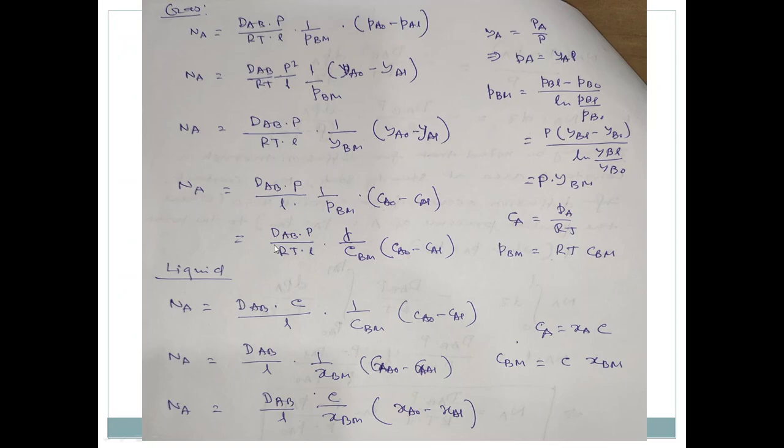Because if you see, I have already expressed this in terms of concentration, DAB P by RT into L, 1 by CBM, CA0 minus CAL. Now in the case of liquid phase, I should express in terms of C, that capital C equal to P by RT. That's why I am writing DAB C by L, then the remaining thing.